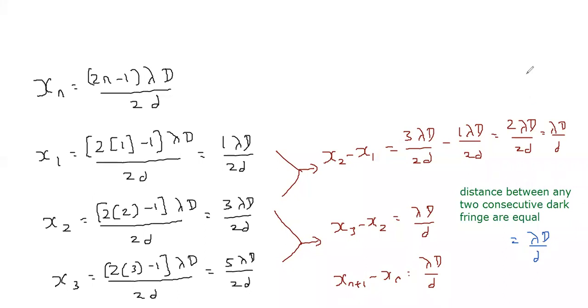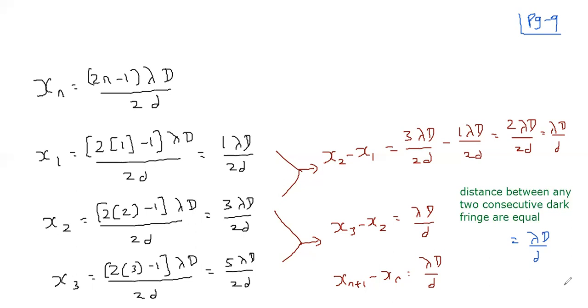You can ask me any doubt. So in all cases, the distance between any two consecutive dark fringes will always be lambda capital D by small d. Exactly correct. Any two consecutive fringes will be the same, in any case, for interference.